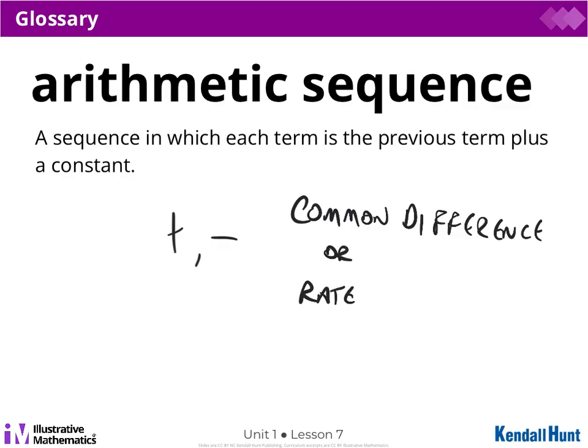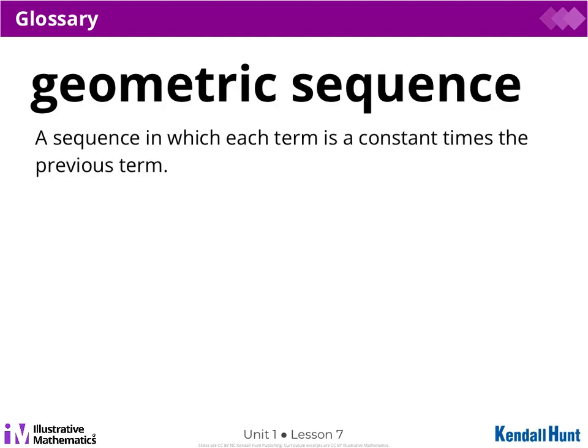Whenever you see these phrases, it means arithmetic sequences. Now, conversely, geometric sequences multiply or divide. And that means multiply or divide the same number, the same constant, to each term.